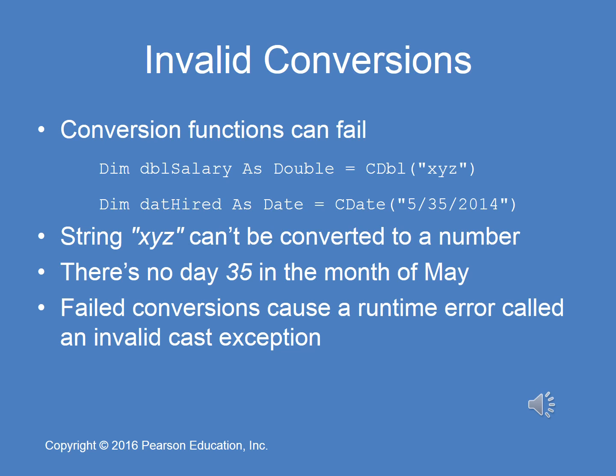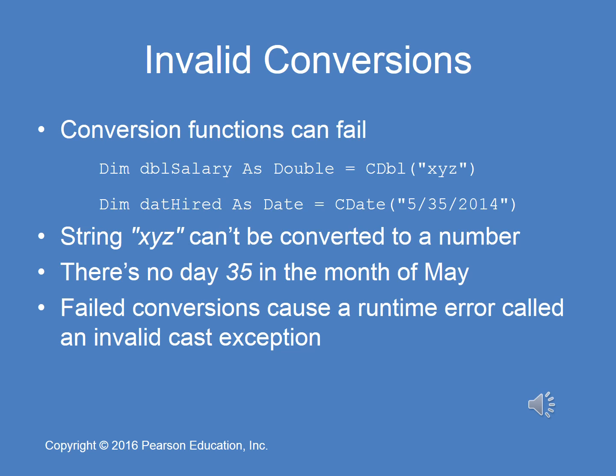For example, we're declaring using Dim a variable called salary as a double, and we're assigning it the result of a function call to CDbl, and we're passing it XYZ. Well, XYZ in no universe can ever be converted to a double, which is a numeric value with a fractional component. So that is going to generate an invalid cast exception runtime error.